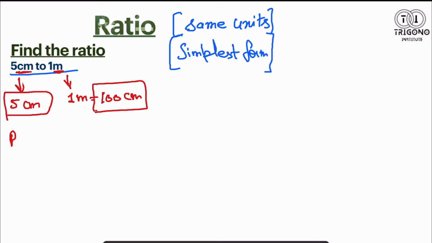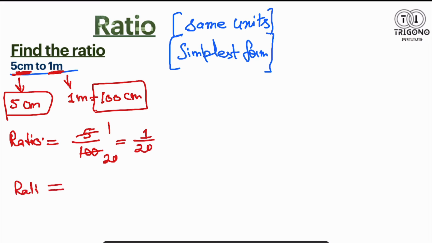We need to find the ratio 5 centimeter to 1 meter. 5 centimeter is my first term and 100 centimeter is my other term. If I cancel them, this is 1 over 20. So your answer is 1 over 20, and written as a ratio, this is 1 ratio 20.